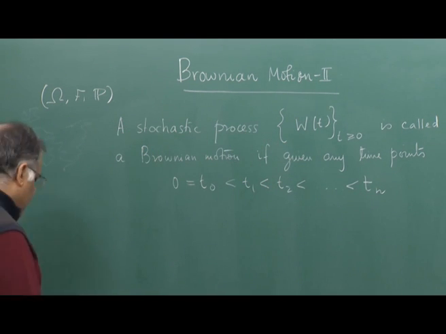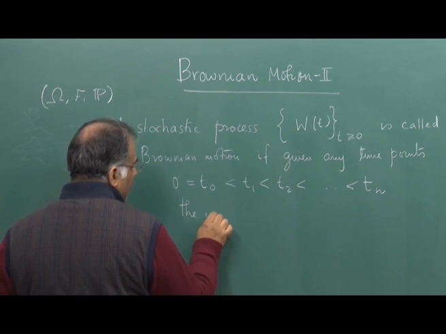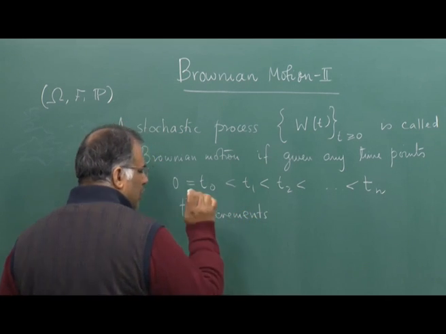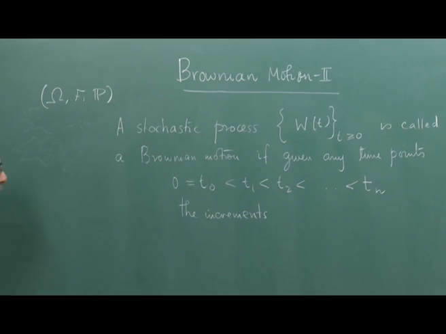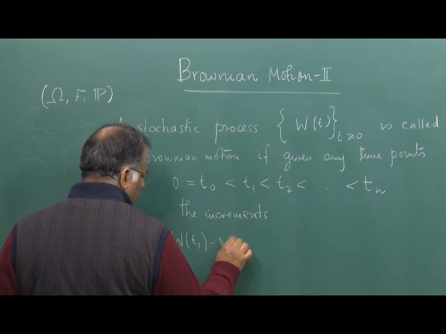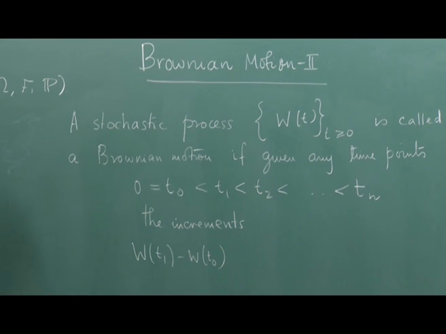Even any time points like this, the increments are independent. The increments means just like the way you have done increments in the symmetric random walk, the increments Wt1 minus Wt0, Wt0 is actually 0, W0 is 0.